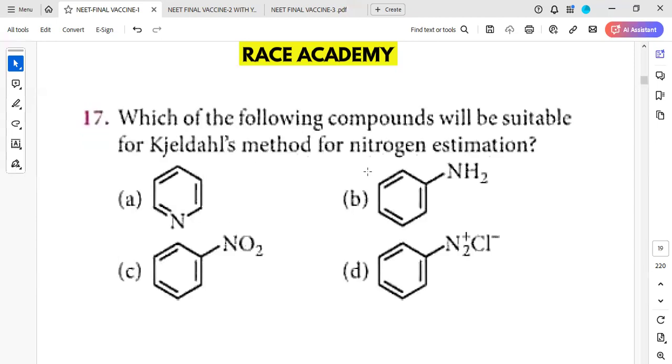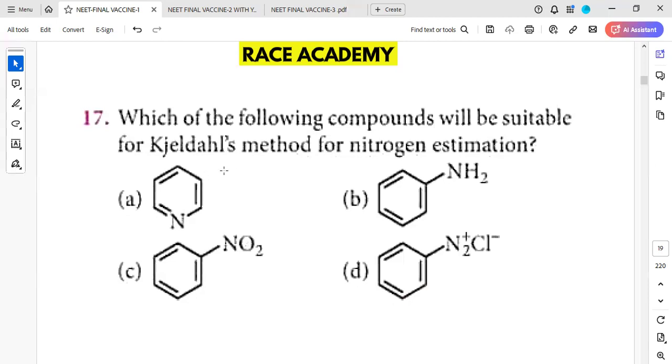Next, 17th question. Which of the following compounds will be suitable for Kjeldahl's method of nitrogen estimation? Already we observed that some compounds do not respond to Lassaigne's test; the compounds may be diazonium compounds, or any kind of ring structure compounds.